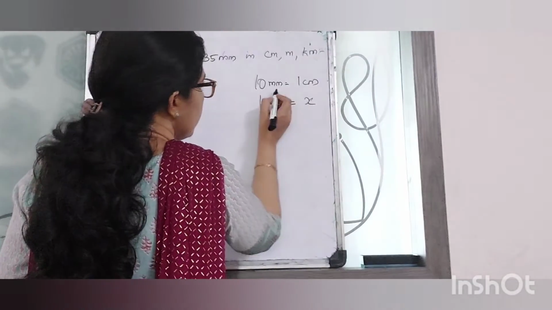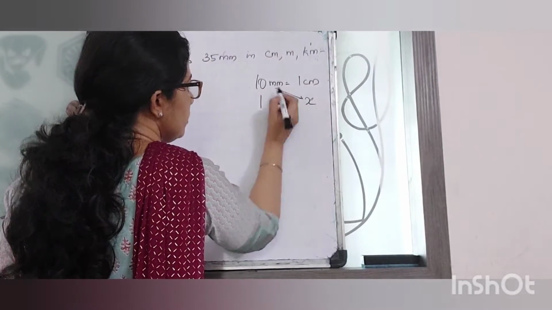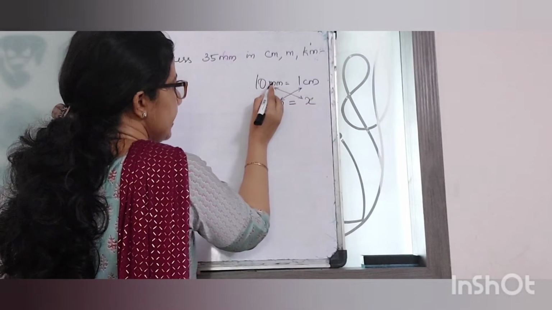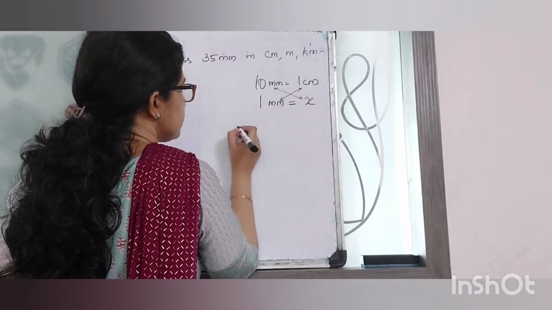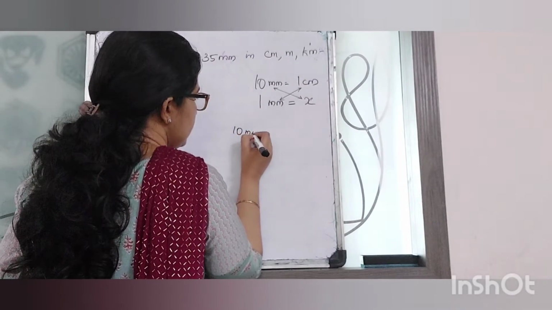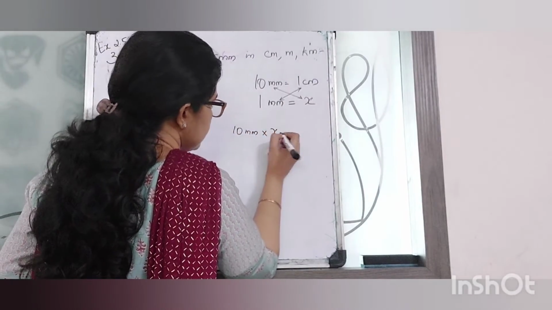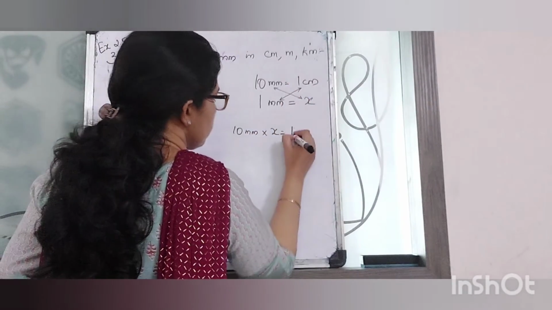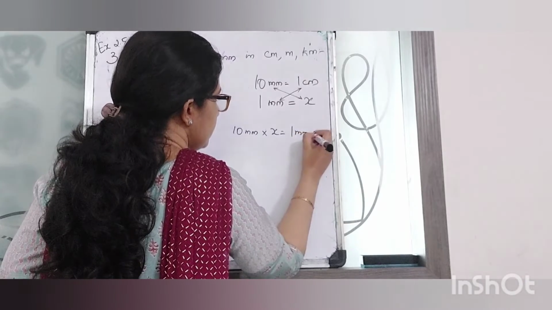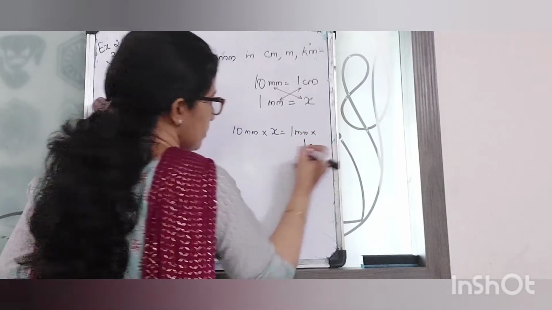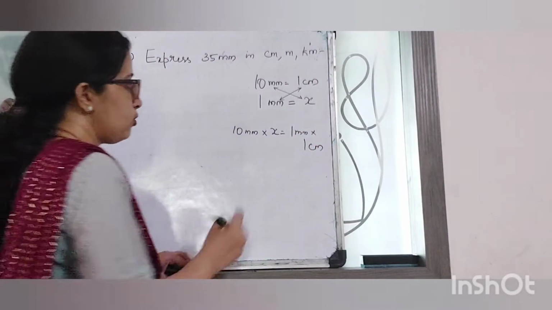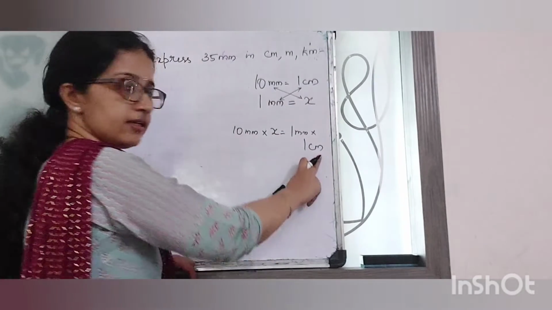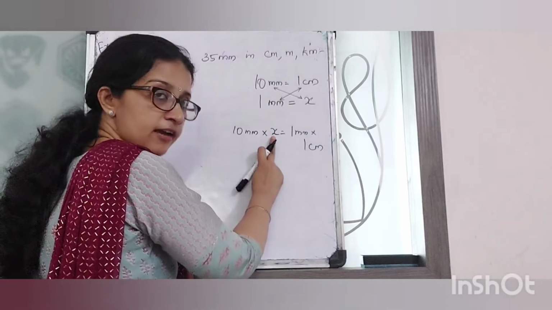Okay, so again the same method, if we cross multiply here, what will we get? 10 millimeter into x is equal to 1 millimeter into 1 centimeter. Okay, now keep the x in this side and take the 10 millimeter to the other side, because we have to find the value of x.